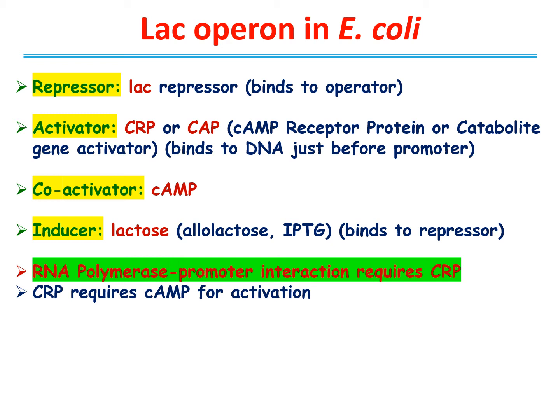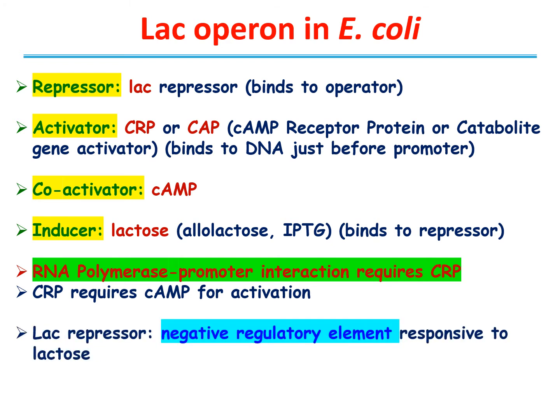The CRP in itself requires cAMP for its activation, right? So the bottom line of this slide is that the lac repressor is a negative regulatory element, and it is only responsive to lactose. If lactose is present or not, accordingly, the lac repressor will work. So it is a negative regulatory element, and the operon is always turned off.